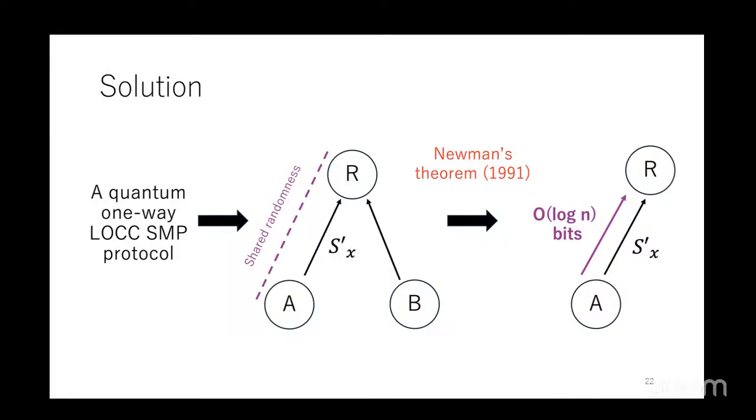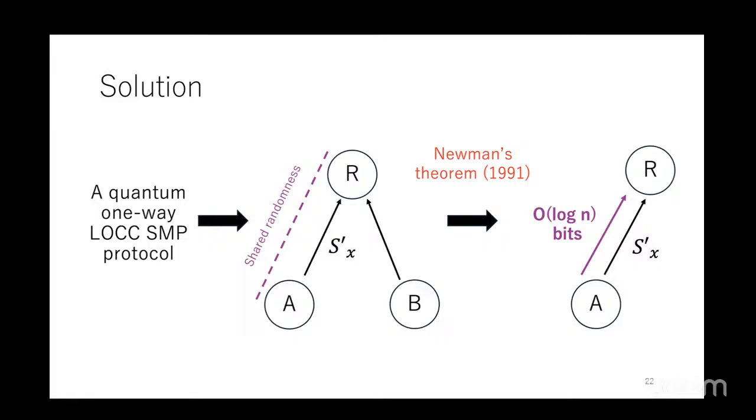Shared randomness between Alice and referee. Yeah, this is just required in our proof strategy. But it looks quite strange.